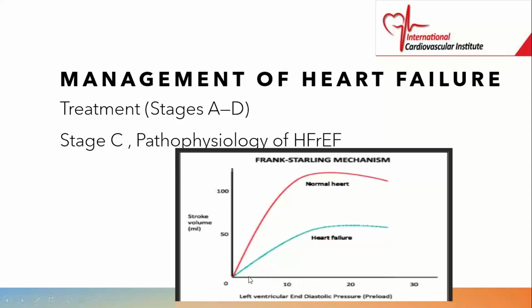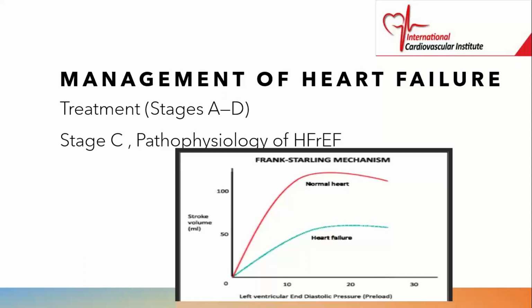And then on the vertical axis, we have the stroke volume. So if you look at the preload simply, the heart is receiving blood, and the blood is going to cause the heart muscles to stretch, and that's what we call the preload.